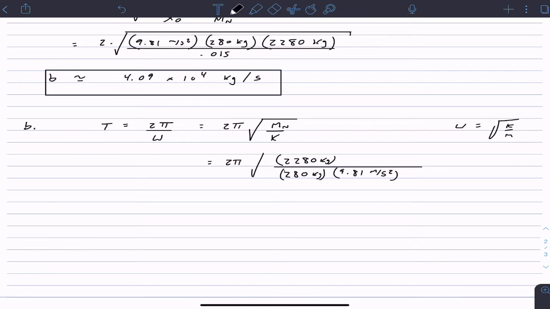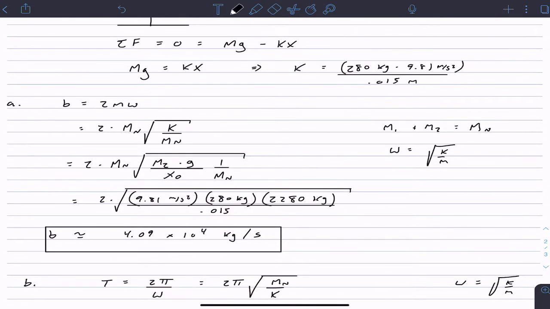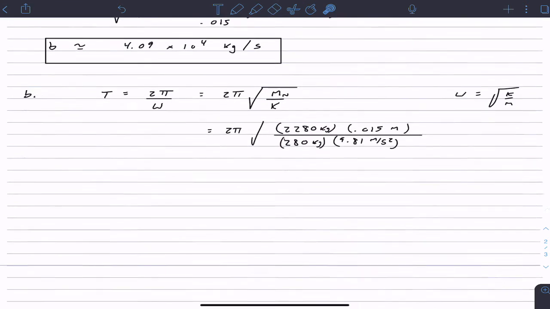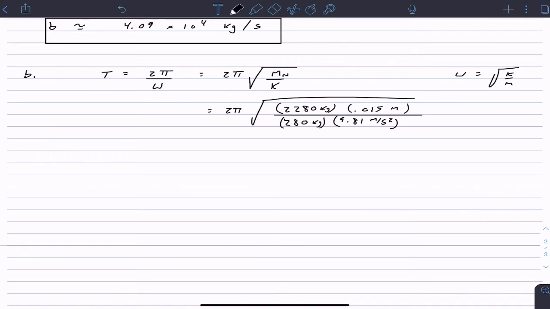Extend this, and then we have 0.015 meters here, right? Because I'm just plugging in 1 over k. Okay, we just plug that in, and then we end up with a value of T approximately equal to 0.7 seconds.